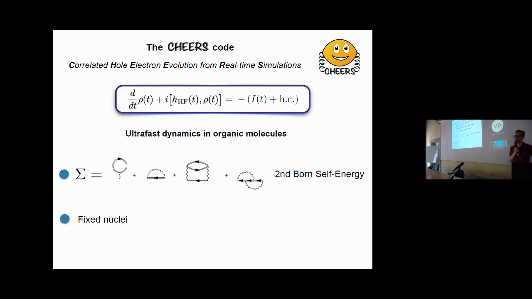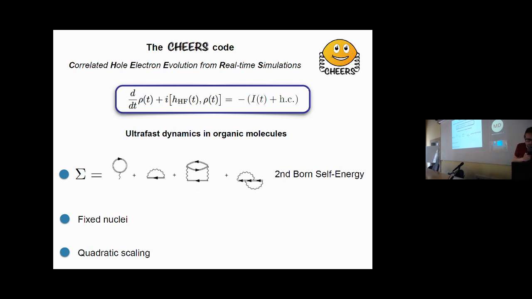We can also assume that the nuclei are fixed, don't move, because we are interested, as you will see, in a time scale which is so short that the nuclei don't have time to move. So we can approximate the nuclei as fixed. And please notice again that within this approximation, the scaling is quadratic in the temporal evolution.